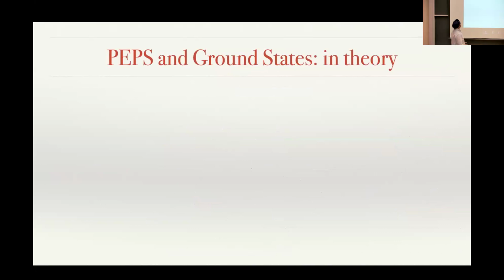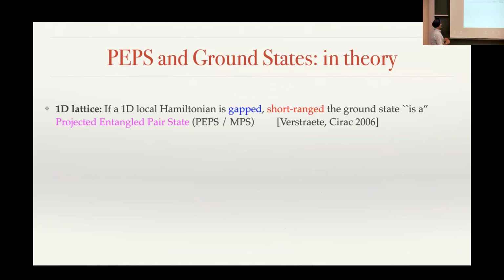Okay, so what do these states have to do with ground states? Let me briefly mention some formal results relating these two: ground states of local Hamiltonians on the one hand and PEPS. On a 1D lattice, if the Hamiltonian is gapped and short-ranged, meaning a spin just talks to its nearest neighbor or next-to-nearest neighbor, then the ground state is a PEPS.